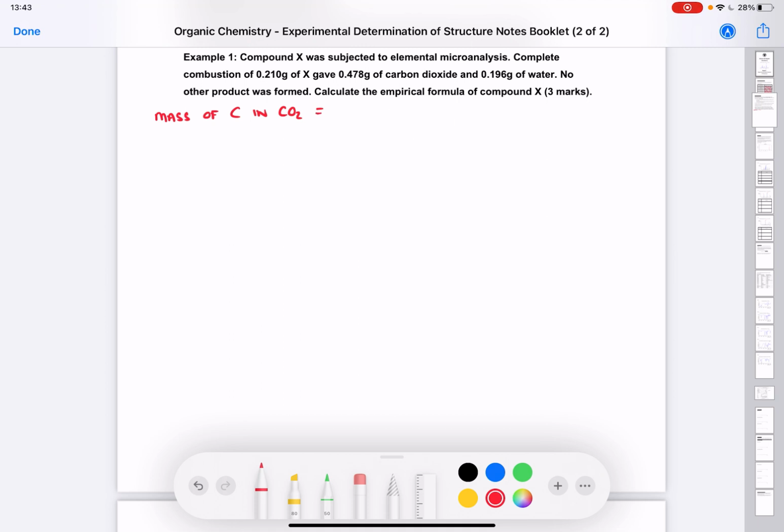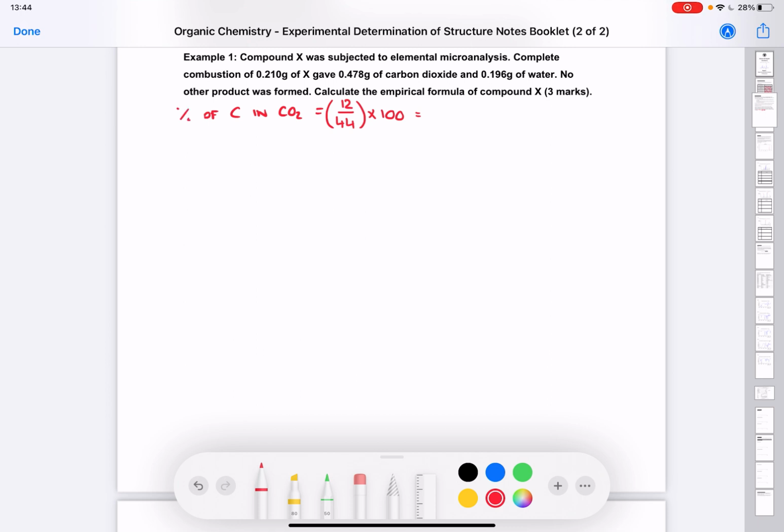So the mass of carbon is 12 from the data booklet, and the gram formula mass of carbon dioxide is 44, and then we're going to multiply that by 100 to give us the percentage of carbon in carbon dioxide. Actually what I'll do is I'll just change that first wee bit and we'll just do this in 2 steps. So percentage of carbon in carbon dioxide.